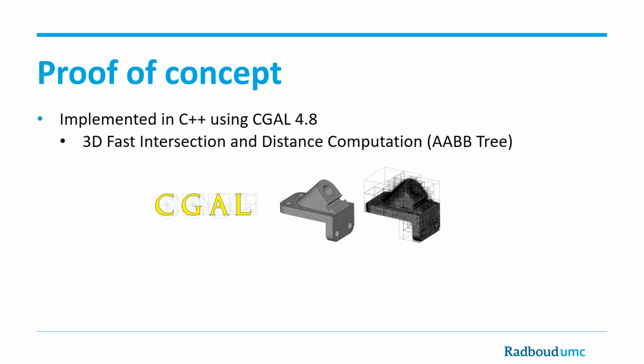So what we used is a library for fast intersection and distance computation, which is included in the Seagull C++ library, which makes use of axis-aligned bounding box trees. And these are a special class of trees which are used for accelerating the computation of distance between two colliding objects.